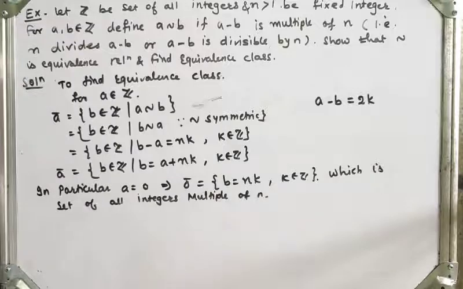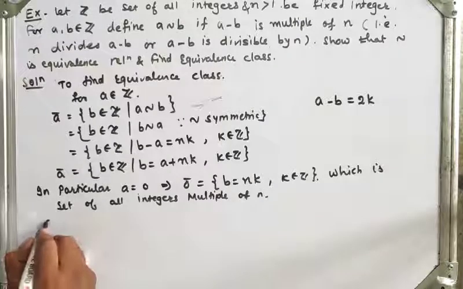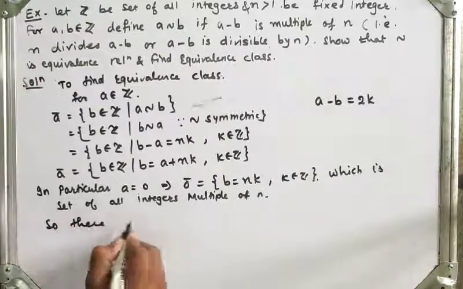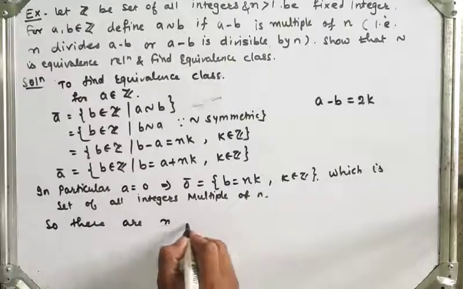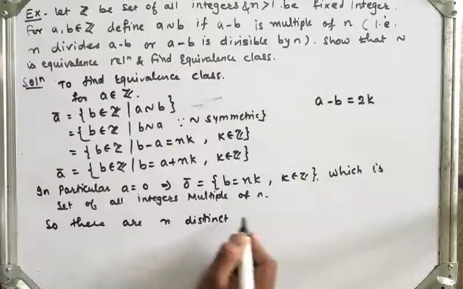So in the above example, there are n distinct equivalence classes.